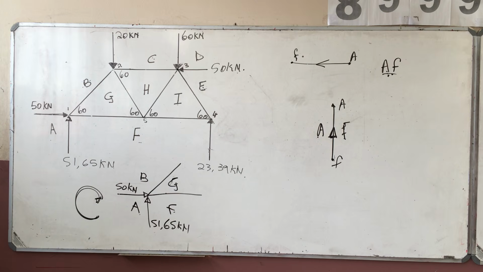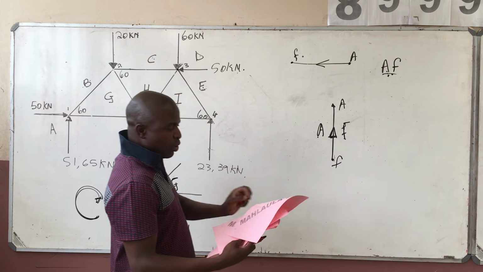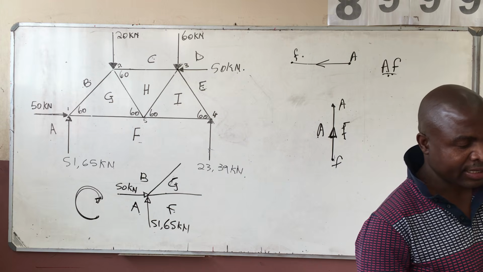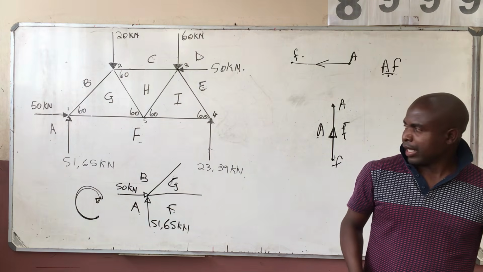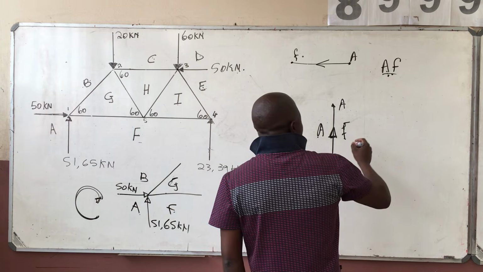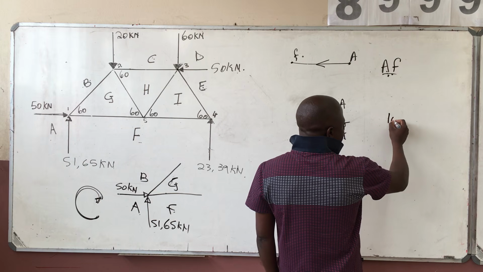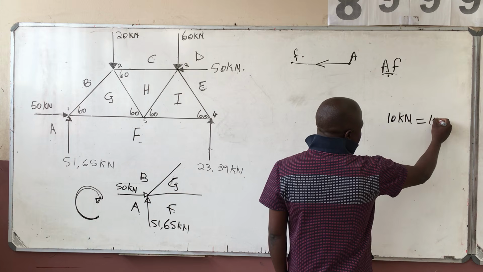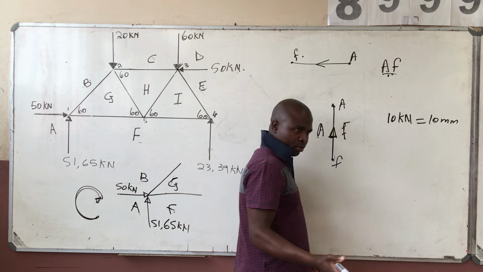How do we draw? In a ruler, we do not have kilonewtons. So we are going to select a scale. In a scale, you will indicate that for every 10 kilonewton is the same as having what? 10 millimeters. This is an example.